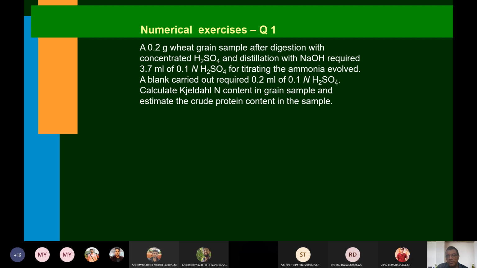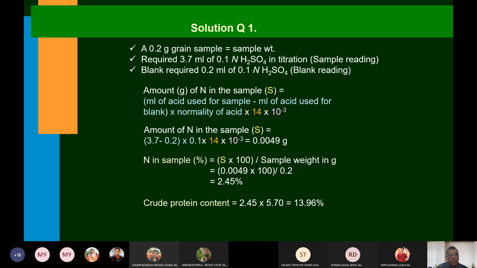Based upon this, you need to calculate the nitrogen percentage in the plant sample. So you see 0.2 gram is the weight of the sample, and 3.7 ml of 0.1 normal required for sample and 0.2 ml for blank. This is the quantity of the standard acid solution.